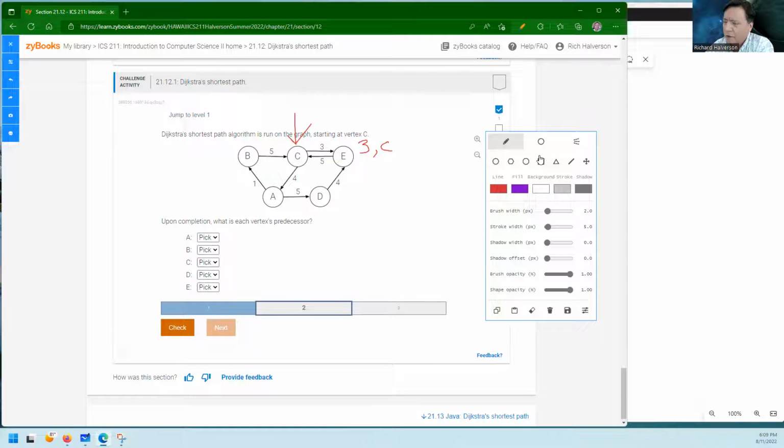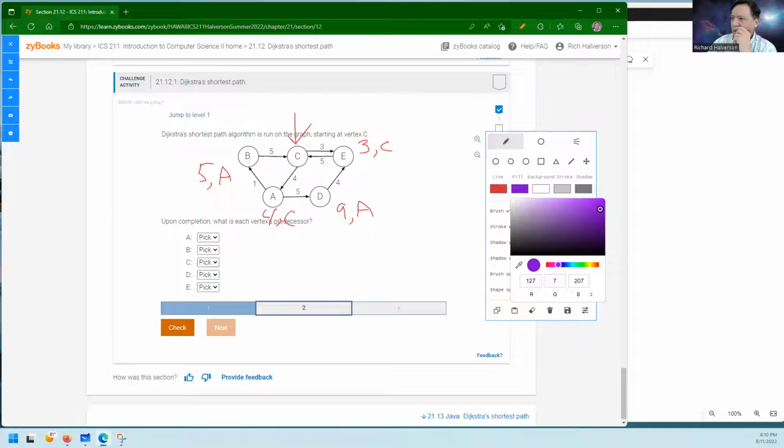So it's going to be D is 9, comma A, and A is going to be 4, comma C, and B is just going to be 5, comma A.